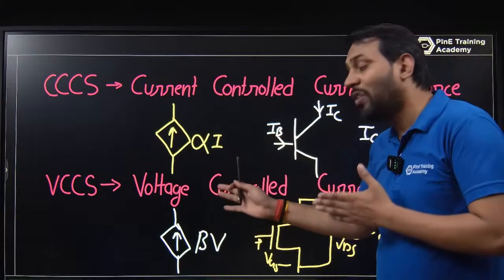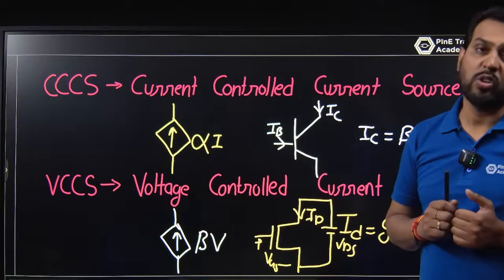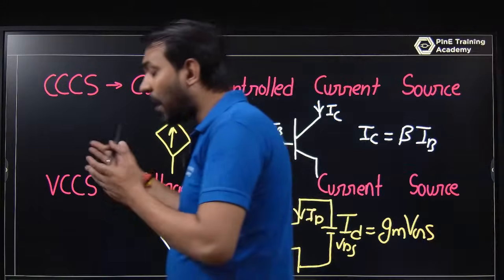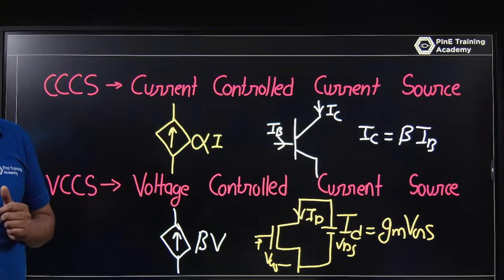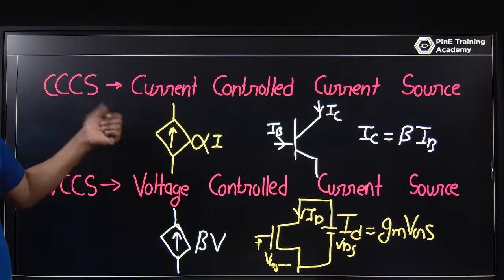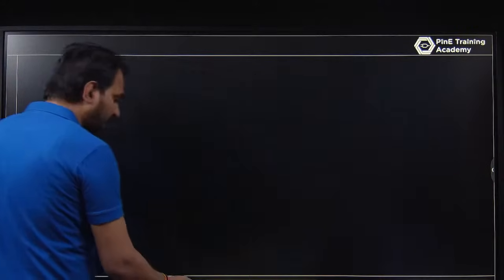These dependent sources will show how much it is boosting from the controlled voltage or controlled current. And this controlling current or voltage comes from the circuit elements. This dependent source depends on the circuit elements.